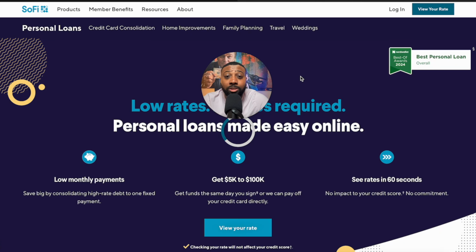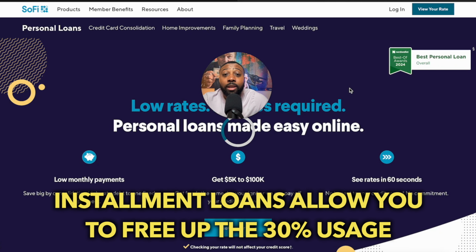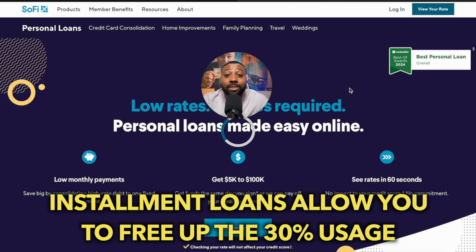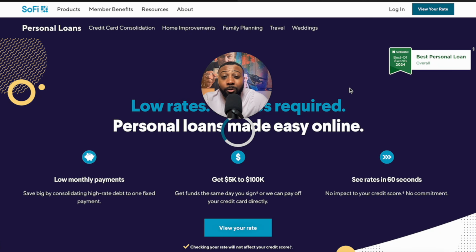That amounts owed section we just went over, that's what that is. So when you take that debt on the utilization side and move it to something like an installment loan, it frees up your utilization, which is going to increase your credit score dramatically. So this is a way to move the money around to an area of your credit where it's not affecting you as much. And like I said, it's a great tactic.